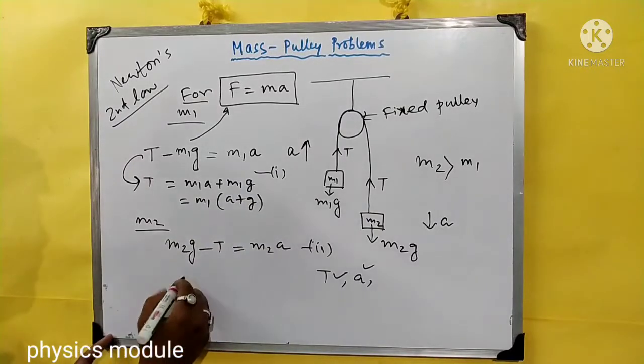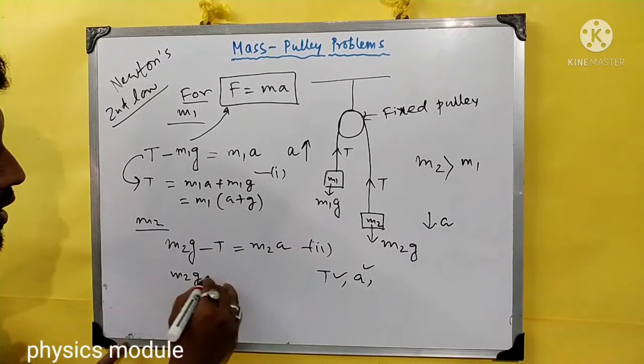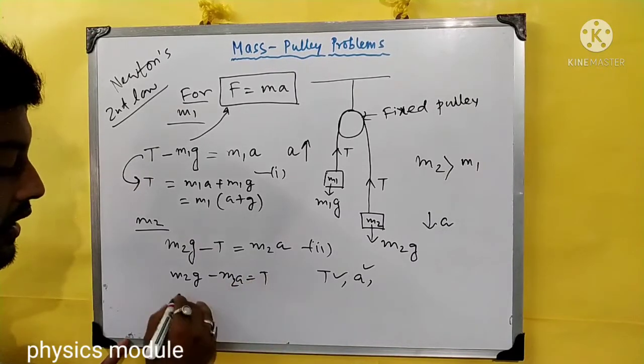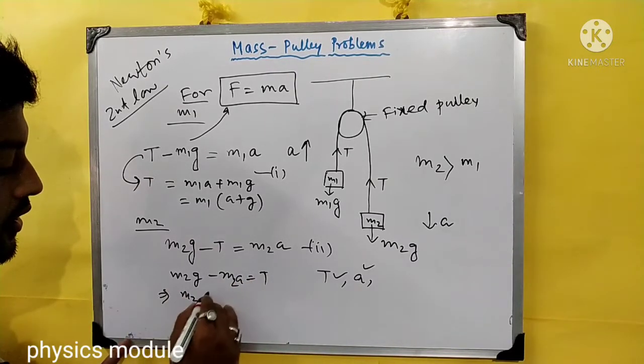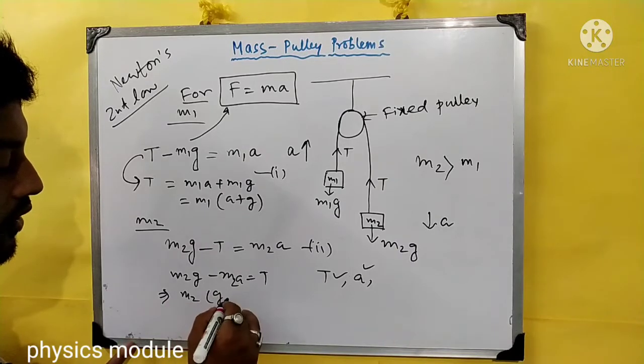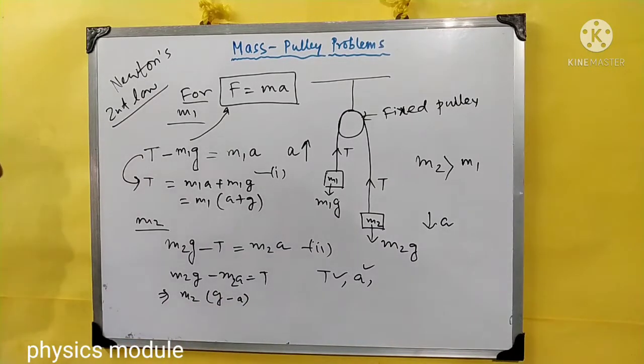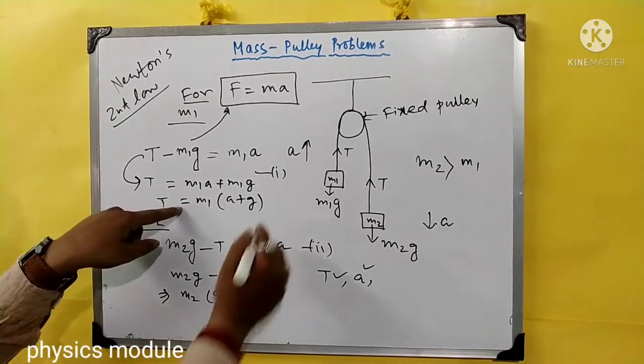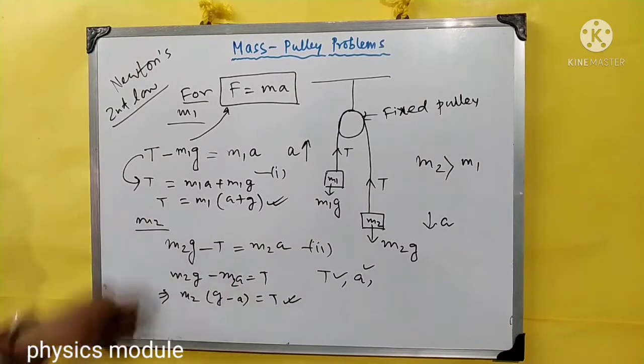And from here you can write m2g minus m2a equals T, taking m2 common, m2 times (g minus a) equals T. As you can see, both of these terms are equal to T.